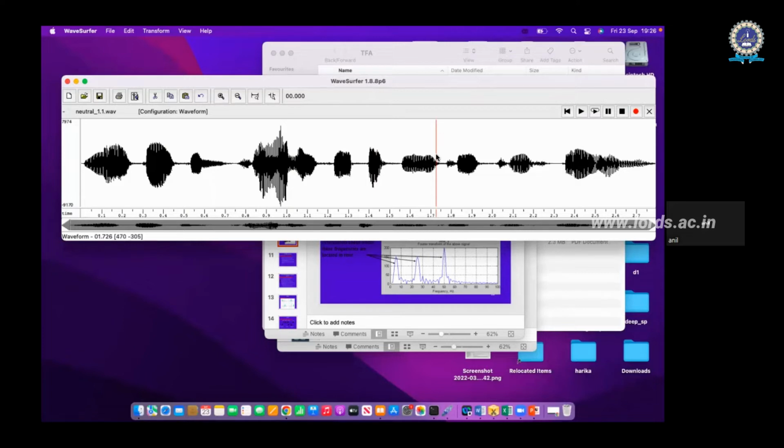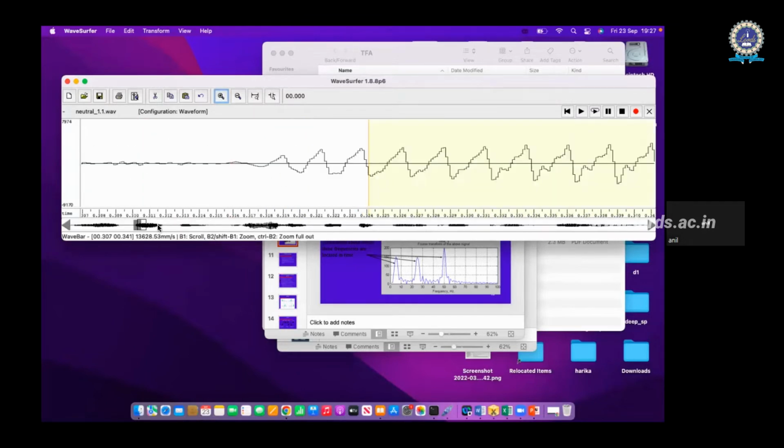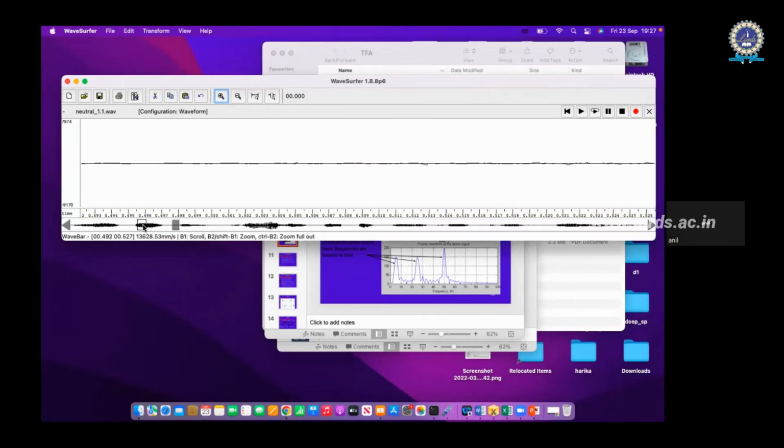By seeing the signal, can you say whether it is stationary or non-stationary? Non-stationary, yes, because it depends on what you speak. Speech is the changing one. But let me zoom in and show you.